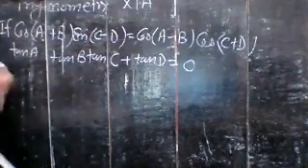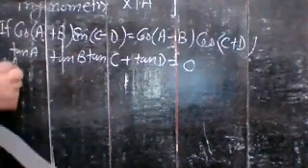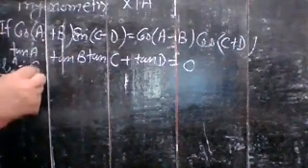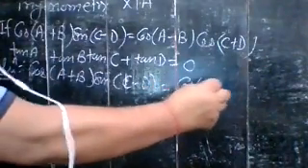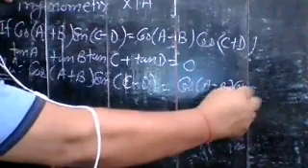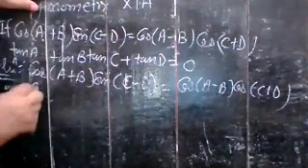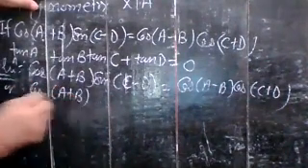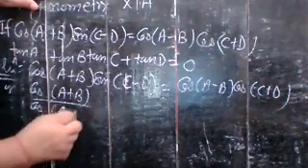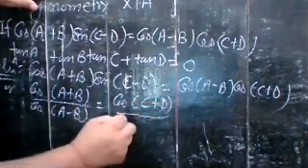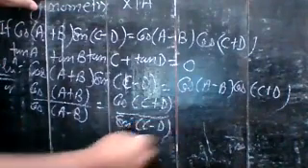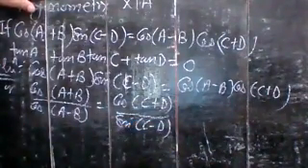So first you write the solution. Given: cos(A+B) into sin(C−D) is equal to cos(A−B) into sin(C+D). So cos(A+B) upon cos(A−B) is equal to sin(C+D) upon sin(C−D). You write in this way.